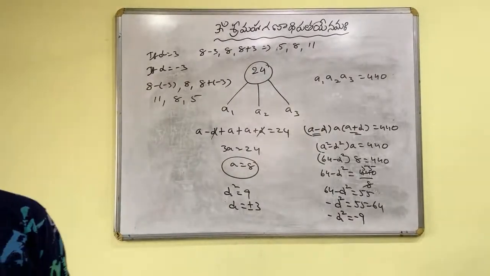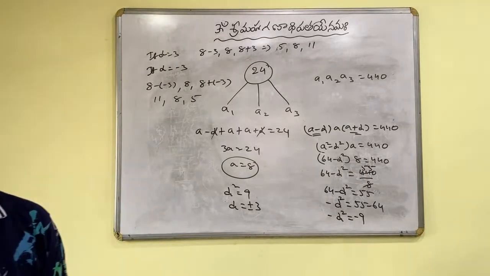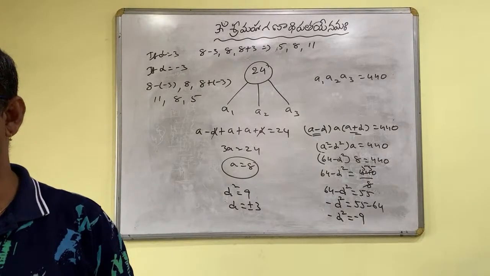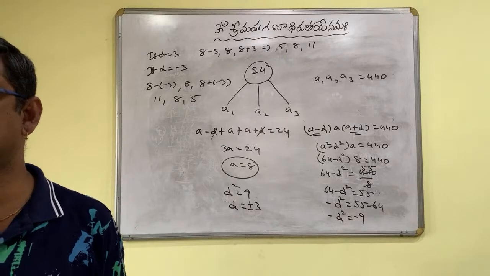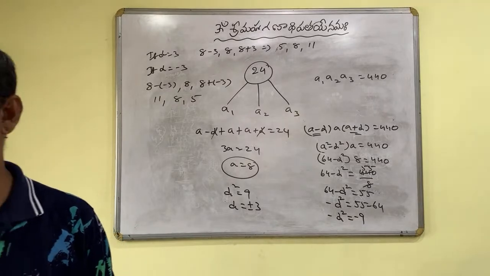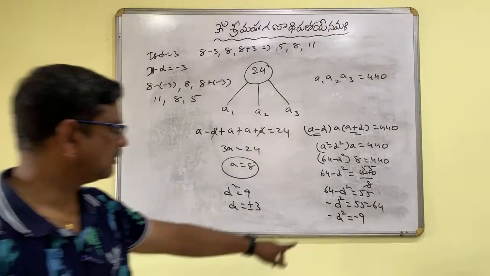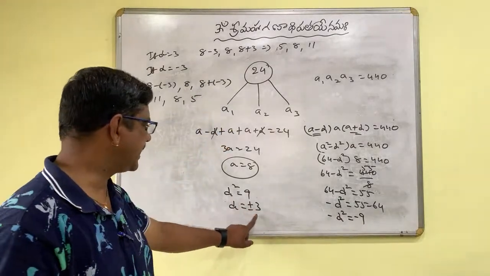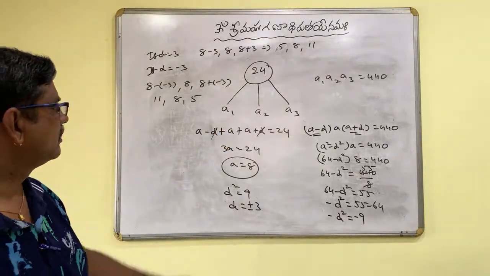Understand, children? Did you understand? Not getting the answers? D square is 9. D is plus or minus 3. Now you need to substitute values.